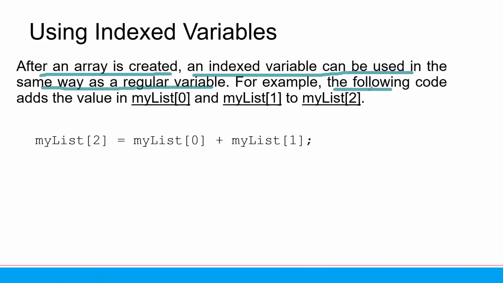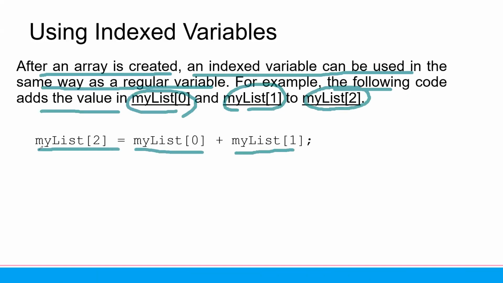So for example, the following code adds mylist 0 and mylist 1, and it will be the result of mylist 2. So mylist 0 plus mylist 1, it will be the result of mylist 2.